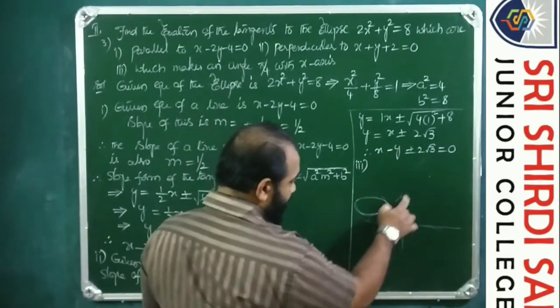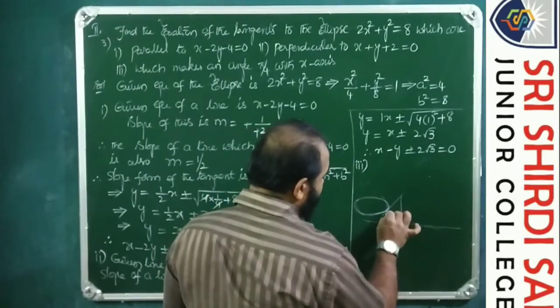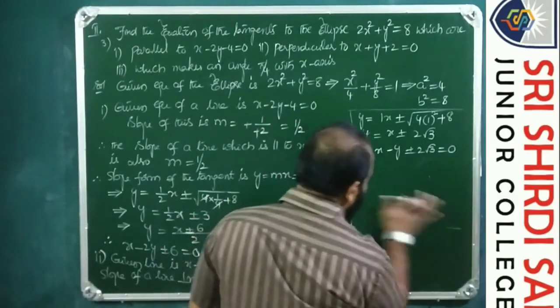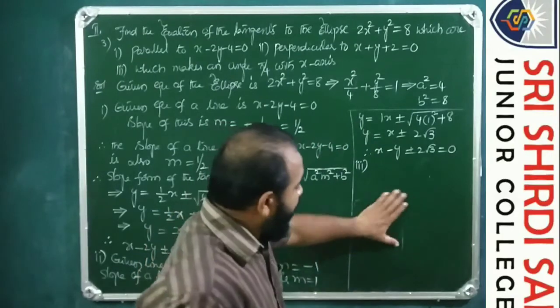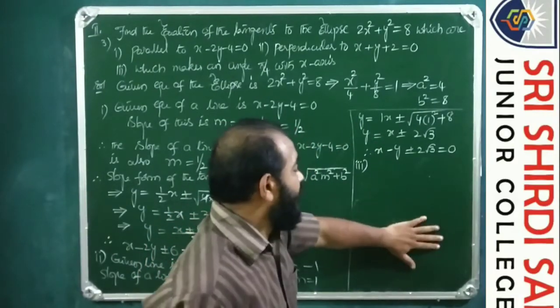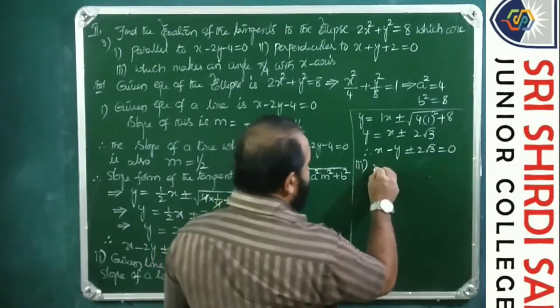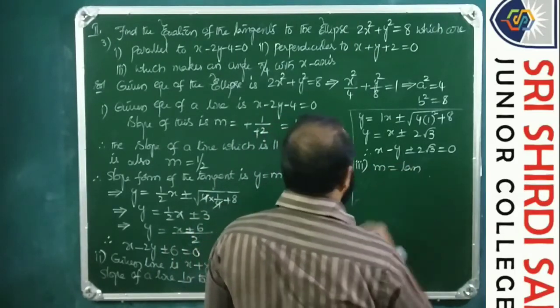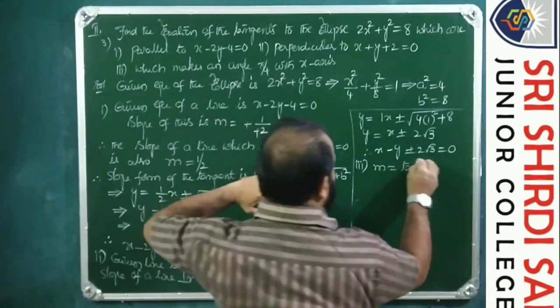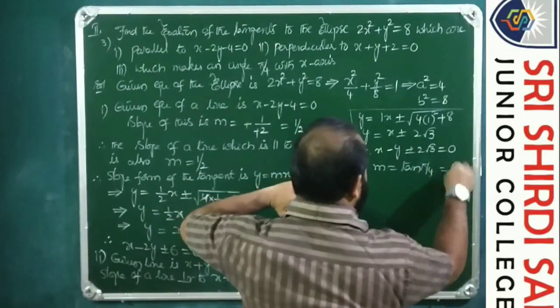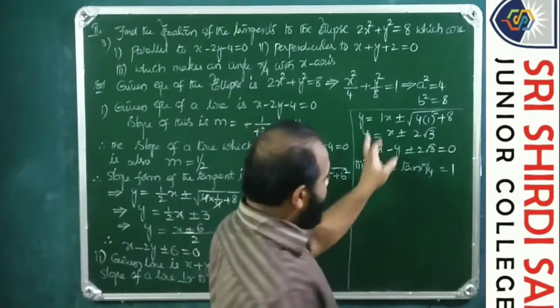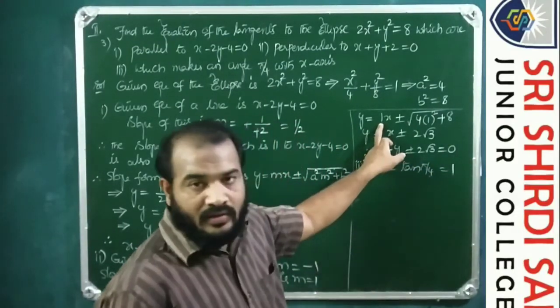This line is making an angle pi by 4 with the x-axis. So if the line is making an angle pi by 4, that means slope m equals to tan theta. So tan theta is here tan pi by 4, tan 45 is 1.